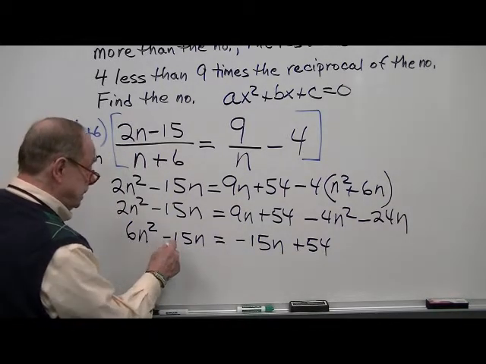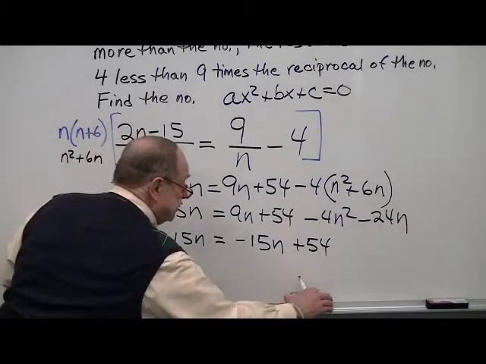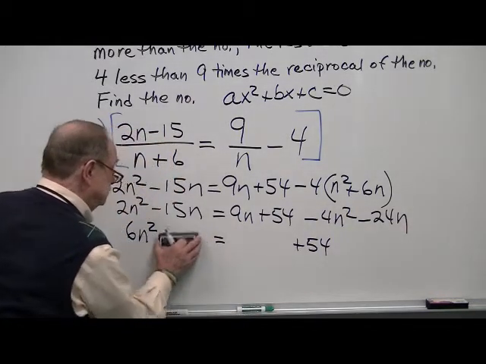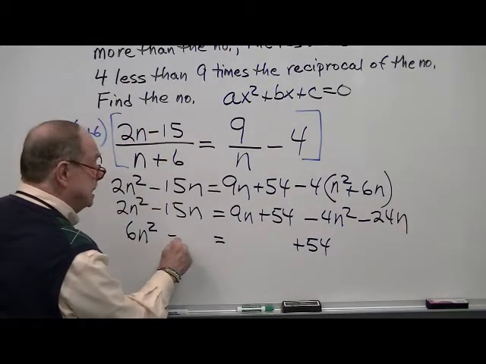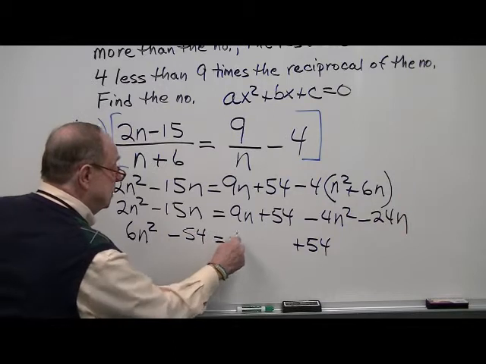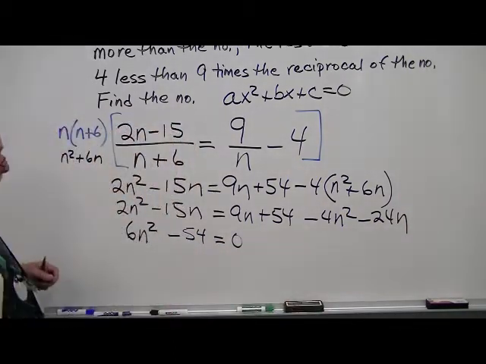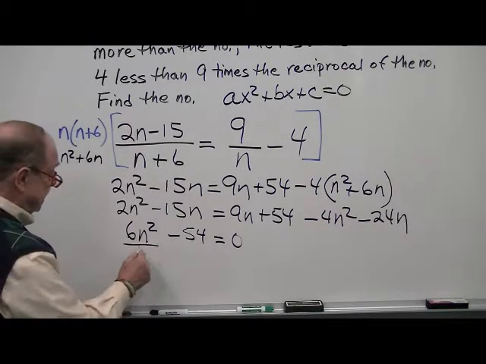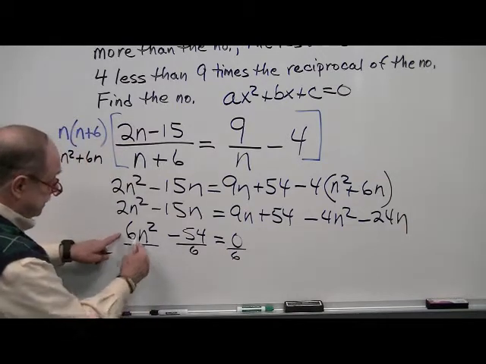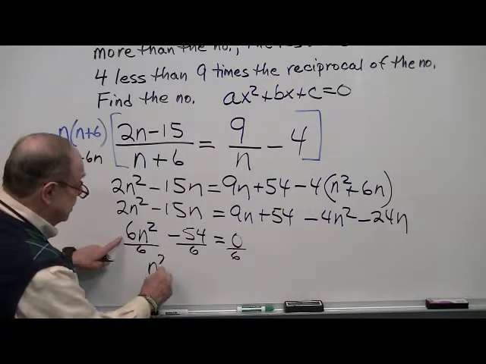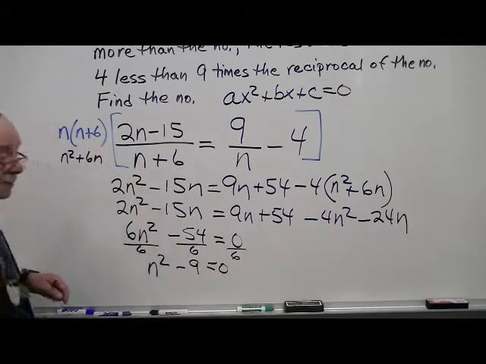Now, interestingly, as I add 15n to both sides, these just cancel out. I'm going to bring my 54 over to this side as a negative 54 equals 0. And there's my equation. I'm going to divide by 6. Here the 6 cancels out and I get n squared minus 9 equals 0.